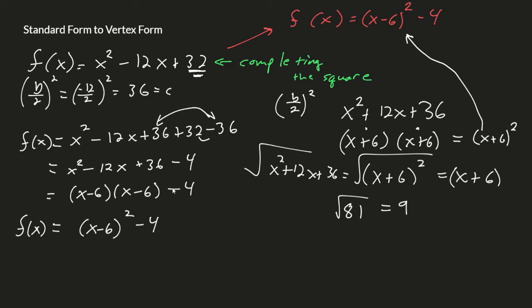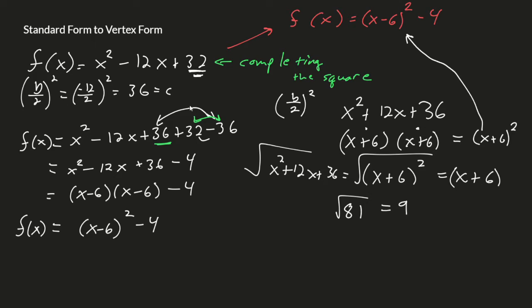Okay, so to recap this, what we specifically identified was this c value, this value on the end. We're looking to identify this value here that completes the square of our quadratic. The part that we need to get a handle on and watch carefully is how we manipulate our values on the end. We need to make sure this function does not change in value by adding 36 and throwing the whole thing out of balance.